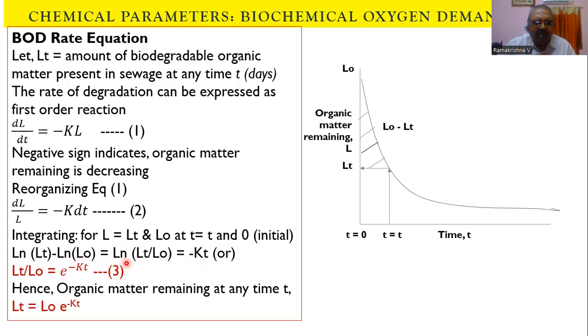Here ln is nothing but the natural logarithm. Therefore Lt by L naught is equal to e to the power of minus KT, where K is a decay constant or deoxygenation constant. Why deoxygenation? Because oxygen is reducing in the oxidation processes happening in the biological decomposition. So Lt is equal to, cross multiplying, L naught into e to the power of minus KT.